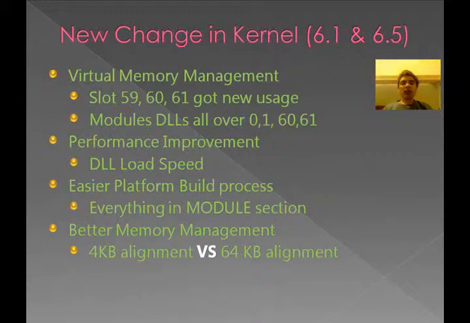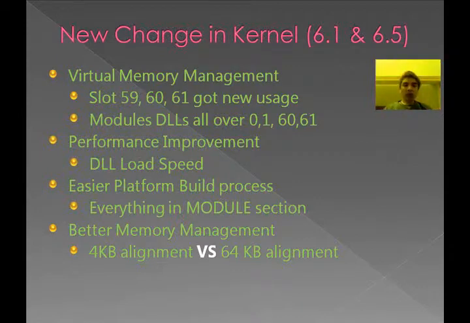Here are the cumulative details that came with 6.1 and 6.5. We have slot 59 for device.exe, slot 60 and slot 61 for your module and file section DLLs, and then module section DLLs can be loaded into slot 0, 1, 60 and 61.